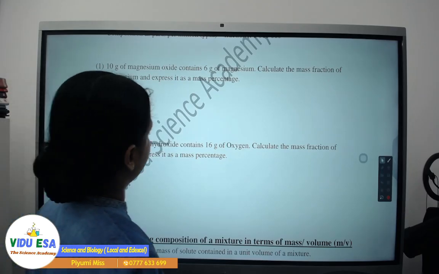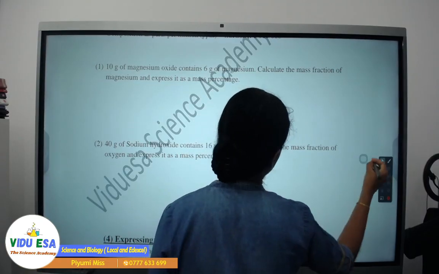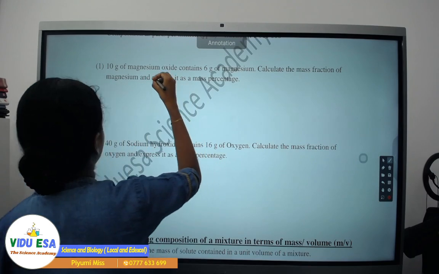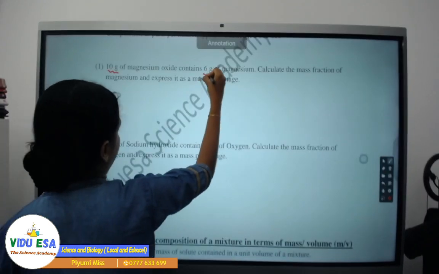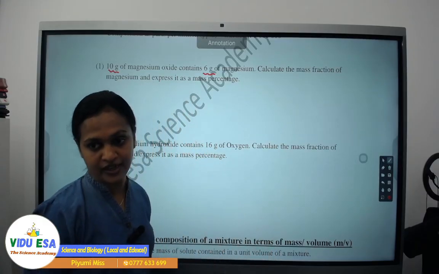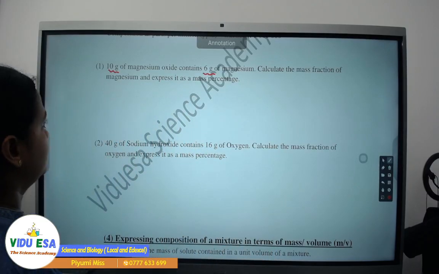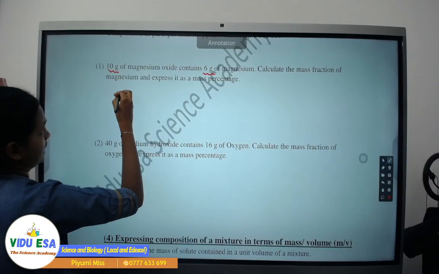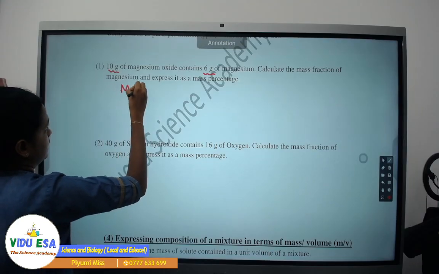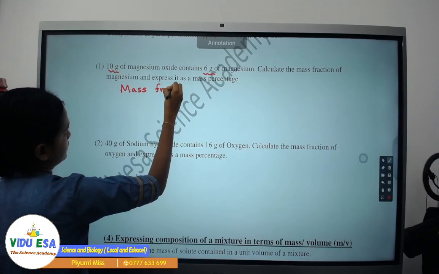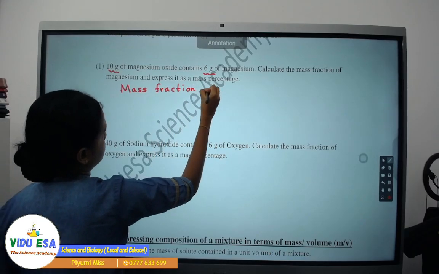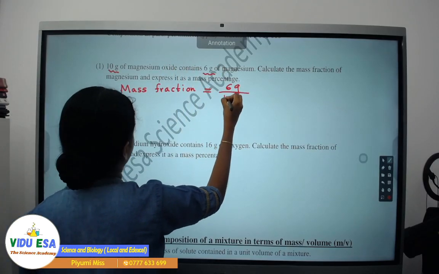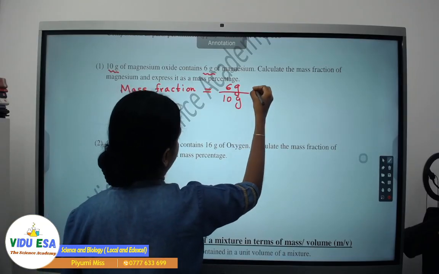10 grams of magnesium oxide contains 6 grams of magnesium. Since both are given as masses, we can calculate the mass fraction, right? Calculate the mass fraction of magnesium and express it as a mass percentage. So the mass of magnesium divided by the mass of magnesium oxide, that is 10 grams, right?